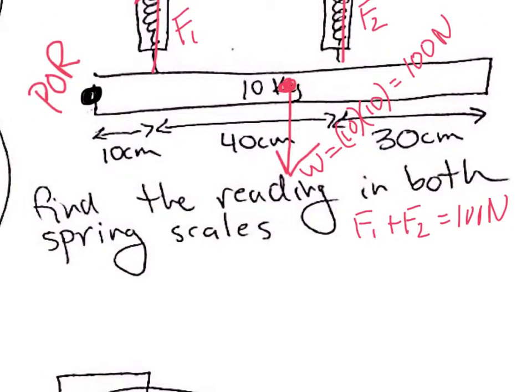Okay, so we are equating the torques, and what do we say? F1 times the radius, which is 10 centimeters. Notice I'm putting in meters. This is a times. And I'm going to say plus, because these are torques in the counterclockwise direction.